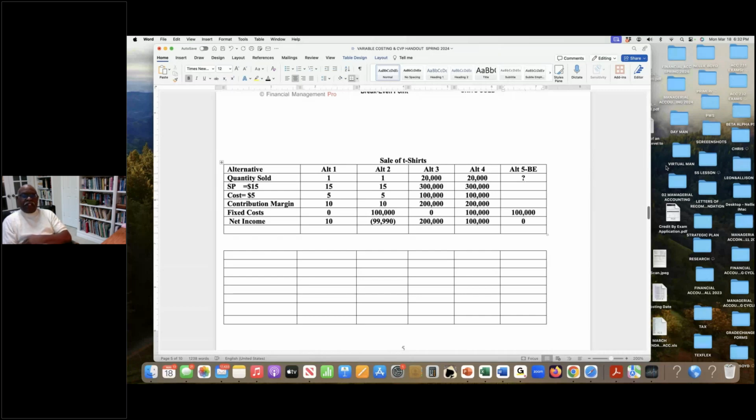How many items do you have to sell so that your profit will be zero? How many items will you sell so that your profit will be zero?